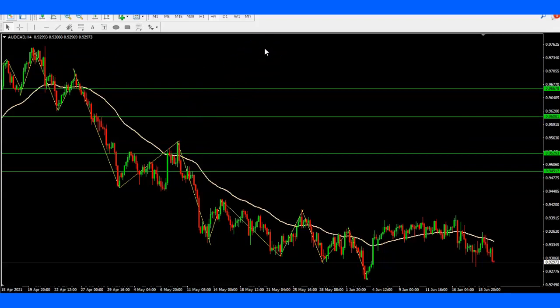Then that's a change of direction already. But as long as this move stays below that low right there, I'm waiting for this to go down at any time. Okay, down, up, and always lower, down, up, lower.